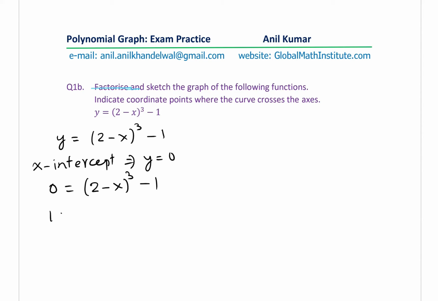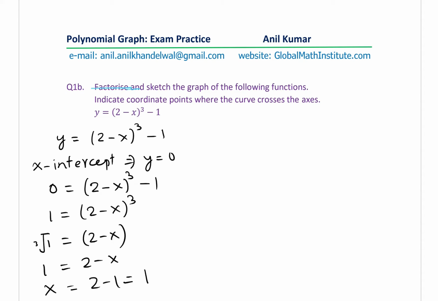Bringing 1 over, we get 2 minus x whole cube equals 1. And then the cube root of 1 will be 1, so 1 equals 2 minus x. So clearly, x is equal to 2 minus 1, which is 1. So the x-intercept in this particular case is 1. Now let's find the y-intercept.